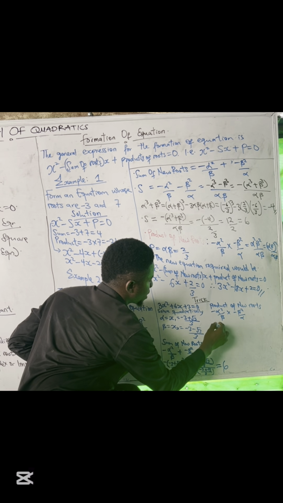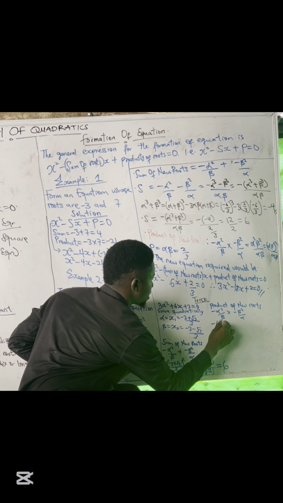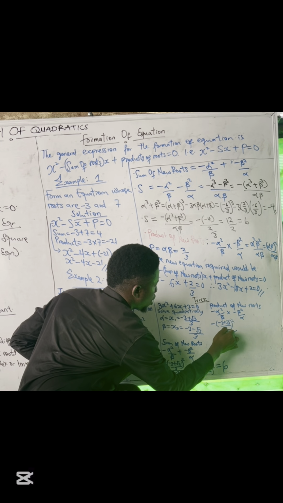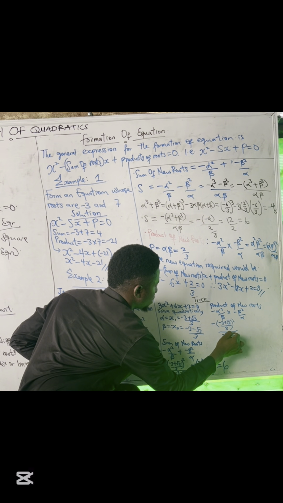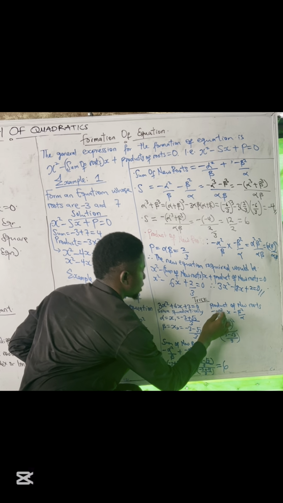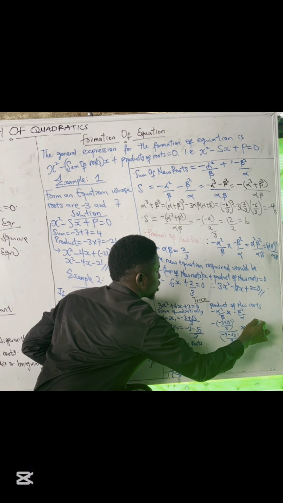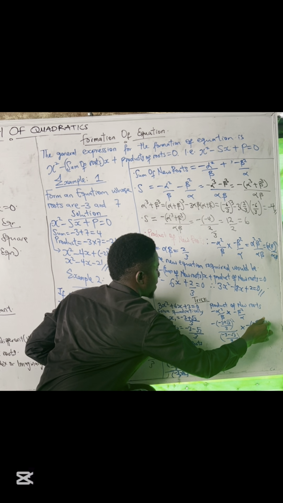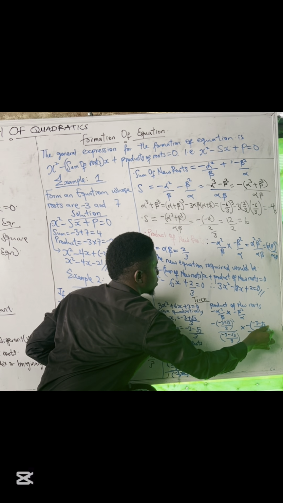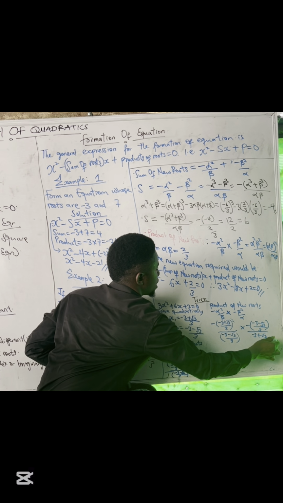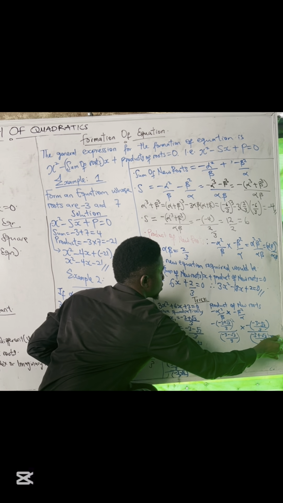So that will just be minus, open bracket, my alpha is minus 3 plus root 3 over 3 all squared, all over my beta, which is minus 3 minus root 3 over 3, times, because we are looking for the product, minus again, open bracket, my beta is minus 3 minus root 3 over 3, all over minus 3 plus root 3 over 3 all squared.